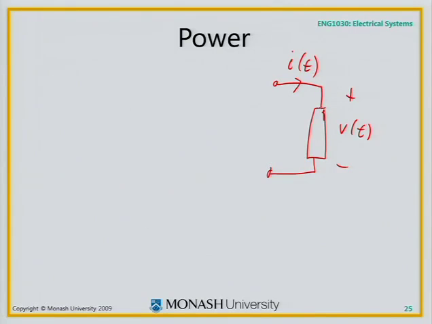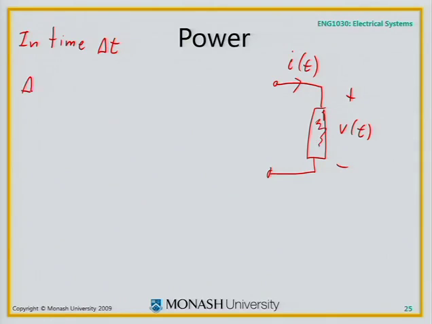So I want to work out how much power is absorbed or supplied by this element. Well, let's see how much charge moves through that device in a time delta t. In time delta t, the current is I, so it's I(t) times delta t, isn't it?